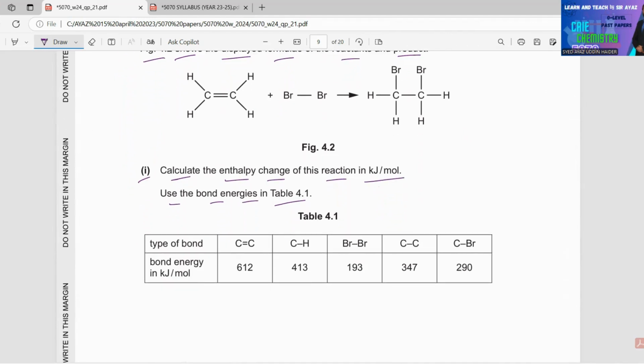You know the formula: energy needed to break bonds minus energy released when bonds are made. So first of all, we'll see which of these bonds are broken.